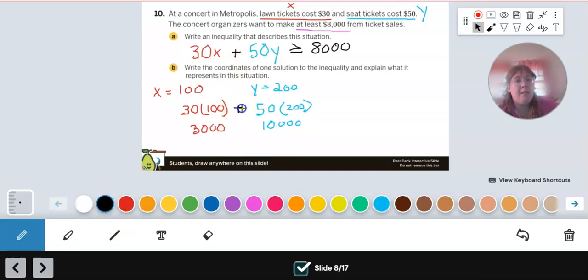And when we add them together, 3,000 plus 10,000 is 13,000, which is greater than or equal to 8,000. So that's just one answer, but again, there's going to be many solutions that would work for this scenario.